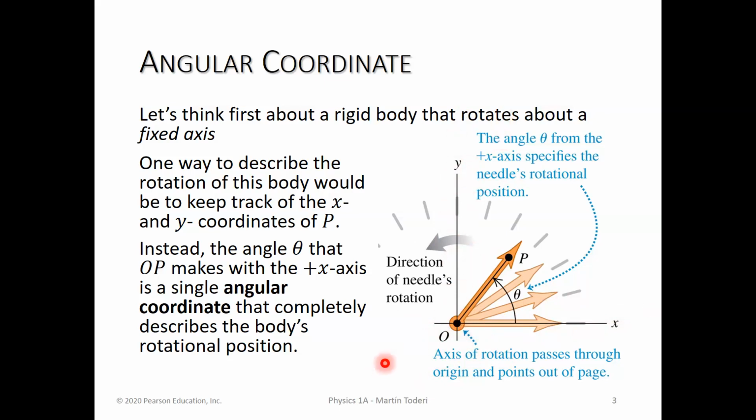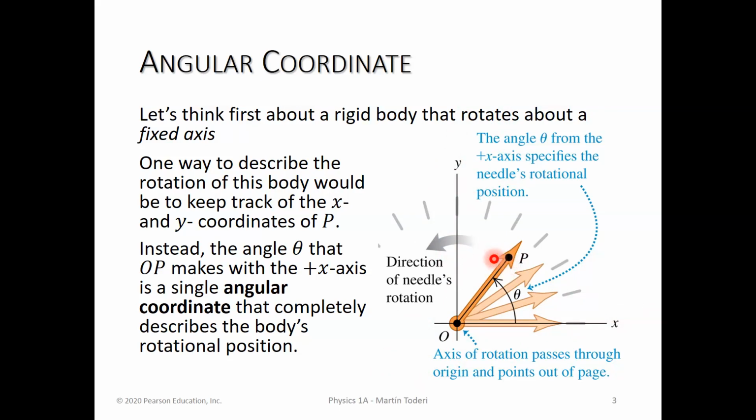So one way to describe the position of this body over time would be specifying the X coordinate and the Y coordinate. But that means that we need to calculate two components of the position of the particle.